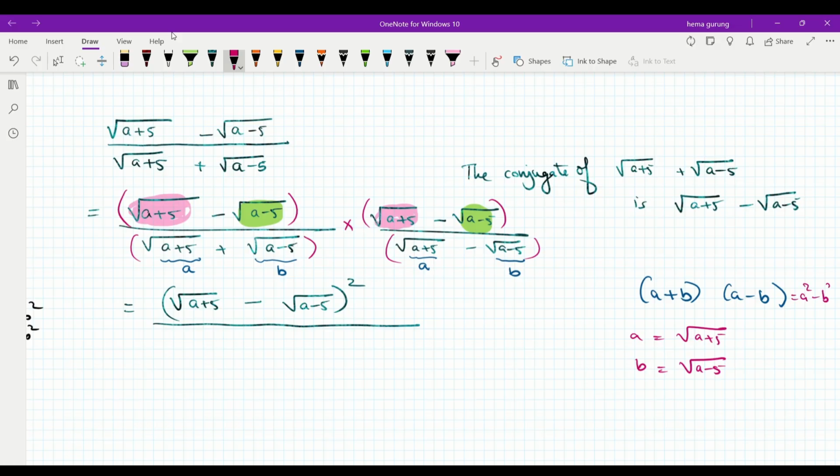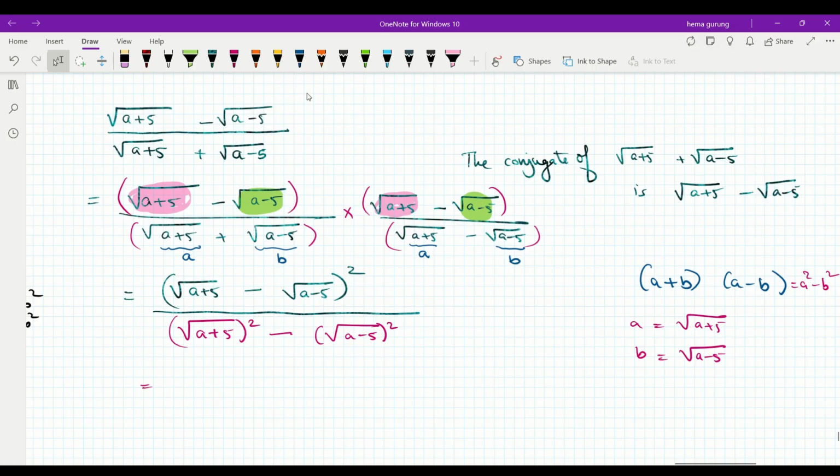So the formula is a² − b². So is it okay if I write (√(a+5))² − (√(a−5))²? Right? Okay, now we'll go ahead.